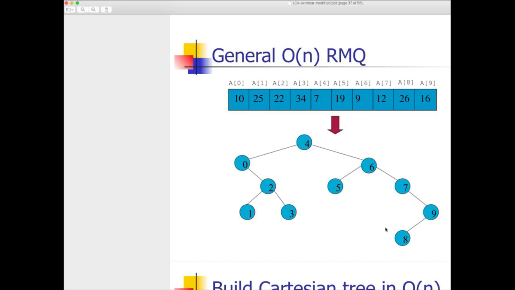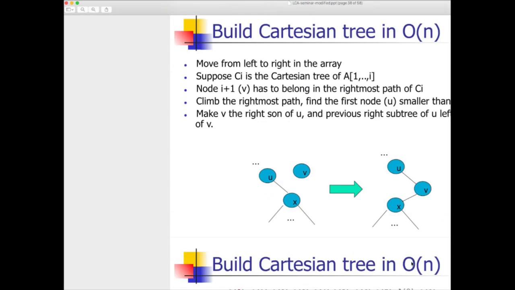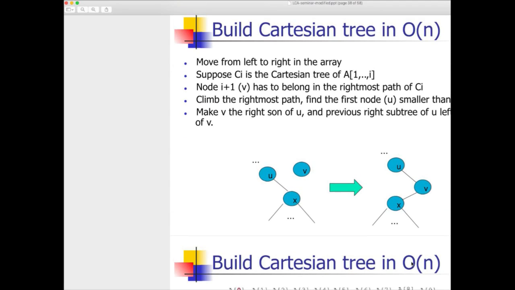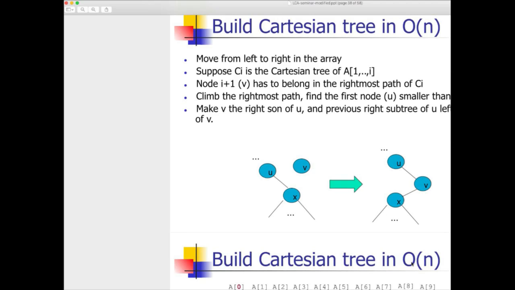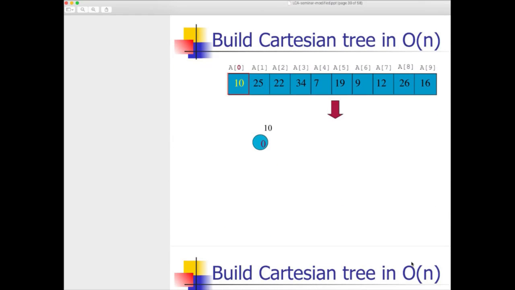Once you have the Cartesian tree, this is the rule for how to build them incrementally. You take a root node and you always add to the rightmost path, because you're growing an array, right? So you start with just one node, a root node. The second node comes in, and it's always added to the right, because it has to be the right child.